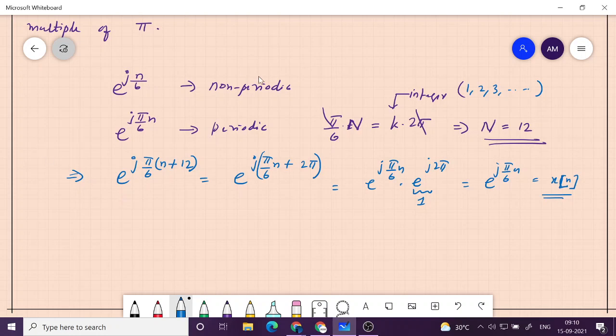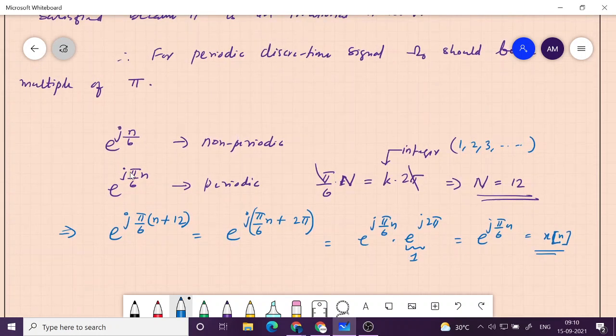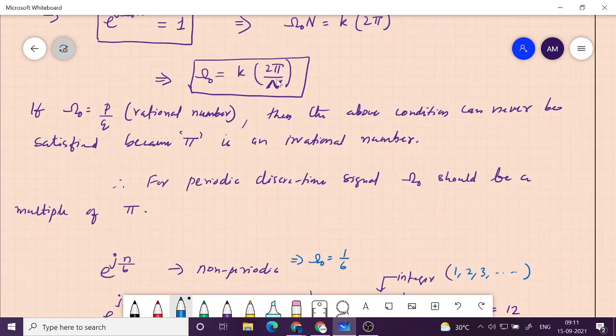But this was not possible for e raised to j n by 6, because here omega is 1 by 6, a rational number. If it is a rational number, it is never possible to find a relationship satisfying the above condition, because pi will never get cancelled. So N you can never get as an integer.